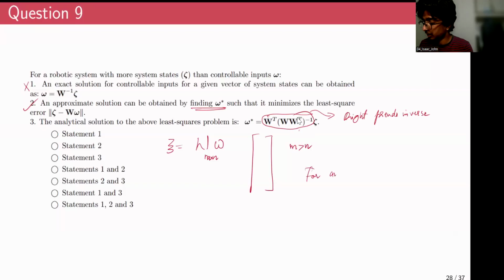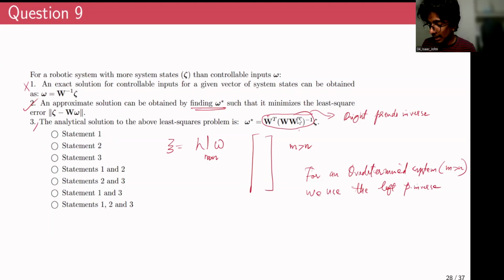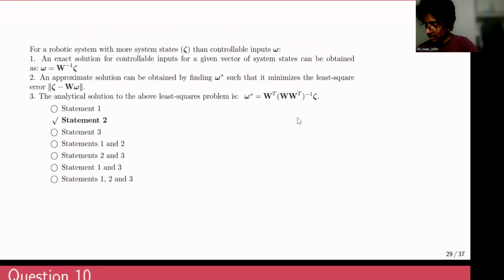For an overdetermined system, in brackets m greater than n, we use the left pseudo inverse. So that makes option 3 also false. So the only correct statement is option 2. So in that regard, our correct answer is only option 2, or statement 2. So that's indeed the correct answer.